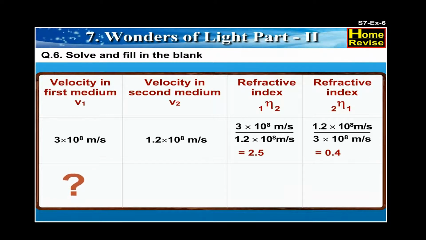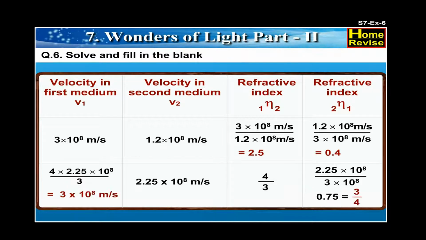Second, what is V1 when V2 is 2.25 into 10 raised to 8 meters per second and refractive index of 2 with respect to 1 is 4/3? What is refractive index of 1 with respect to 2? Answer.